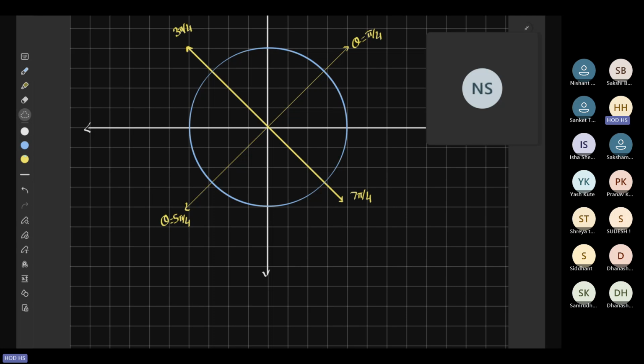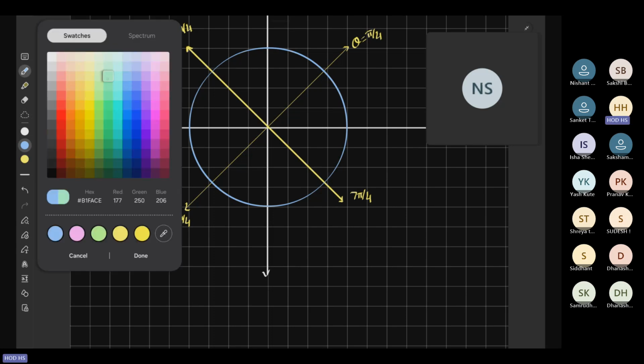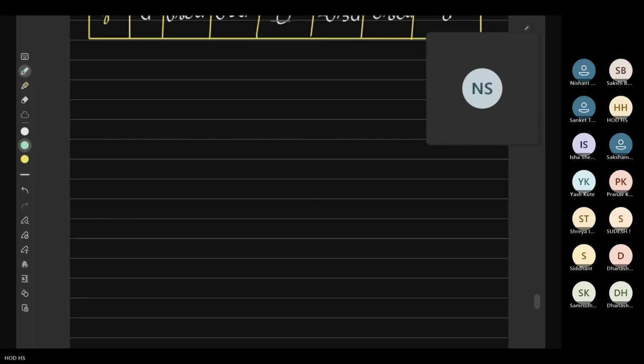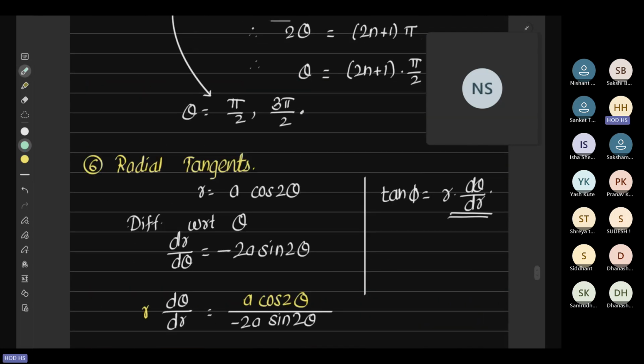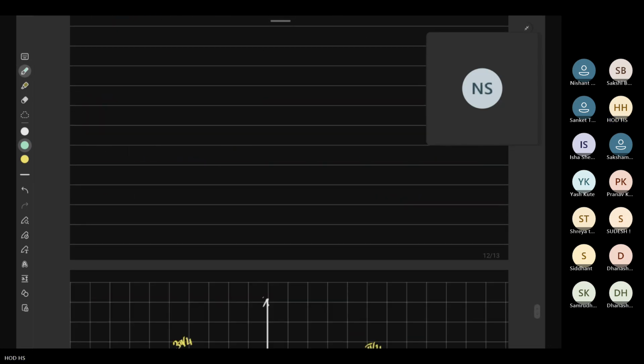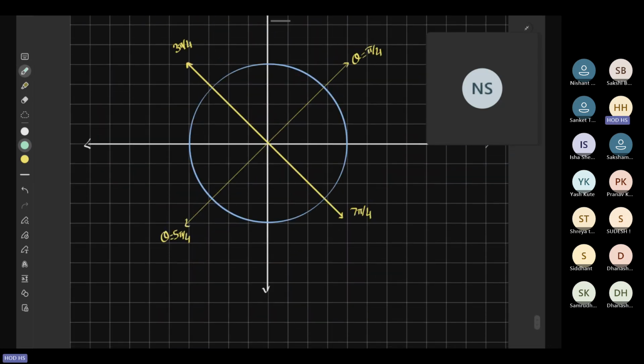Now mark the points which were points of maximas. So first point corresponding to 0 and pi, they were a itself. Corresponding to these 2 points, so this one was a maximum point, this one was a maximum point.